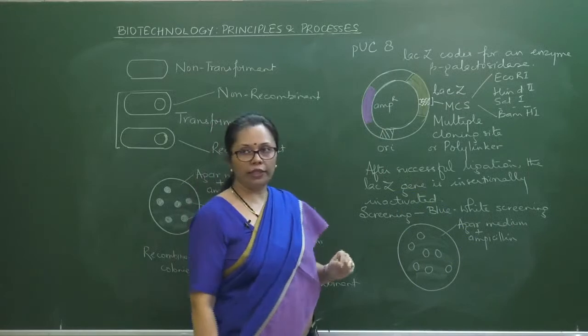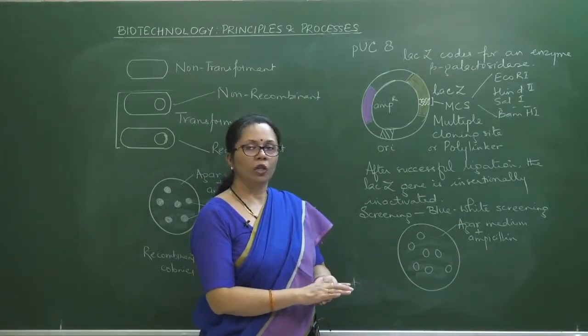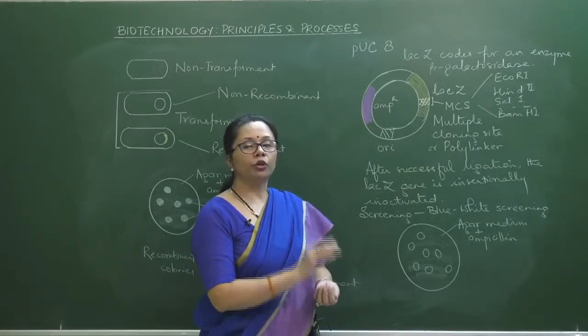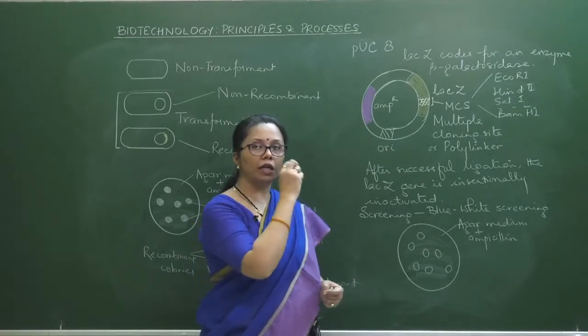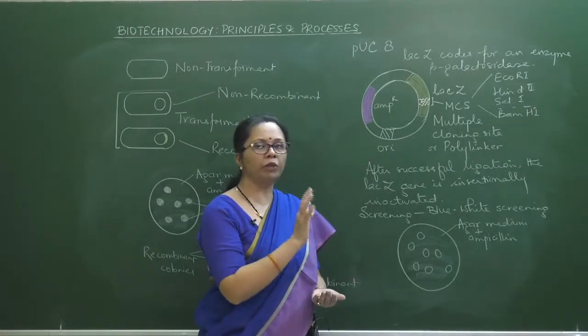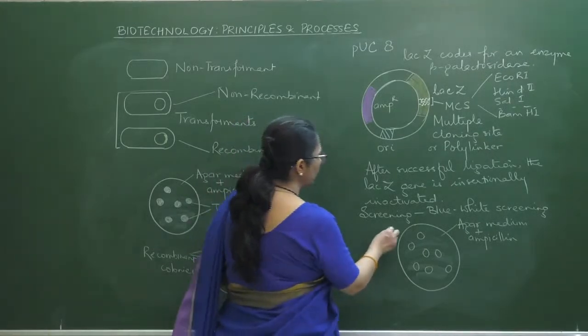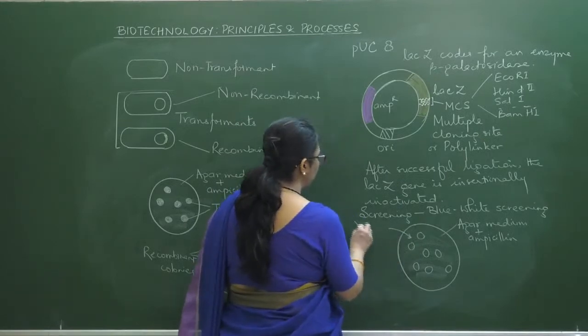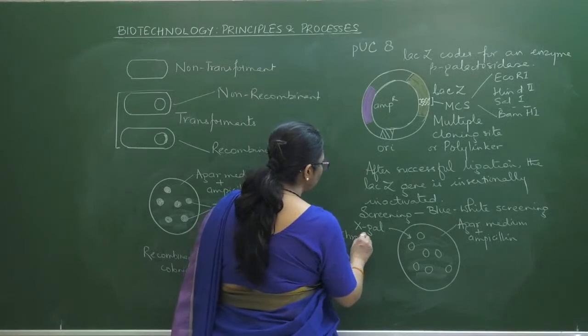So the beta galactosidase enzyme breaks down lactose to glucose and galactose, right? So here the substrate is being put. Now the substrate is not directly galactose, but it has been modified, though the enzyme can still act on it. That is called X-gal. So here we put X-gal. X-gal here can be called a chromogenic substrate.